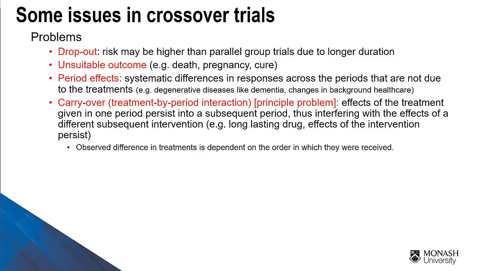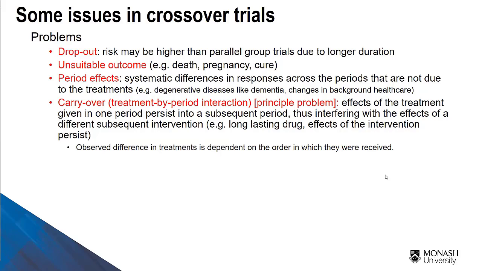Or it could be that the effects of the intervention persist. I guess an extreme example of that is where you might have some type of cure, which is an extreme example of carryover. So really carryover is about the observed difference in treatments being dependent on the order in which they're received.